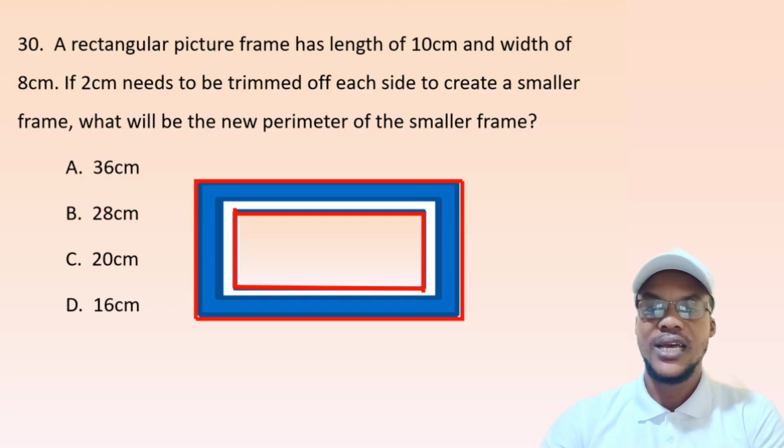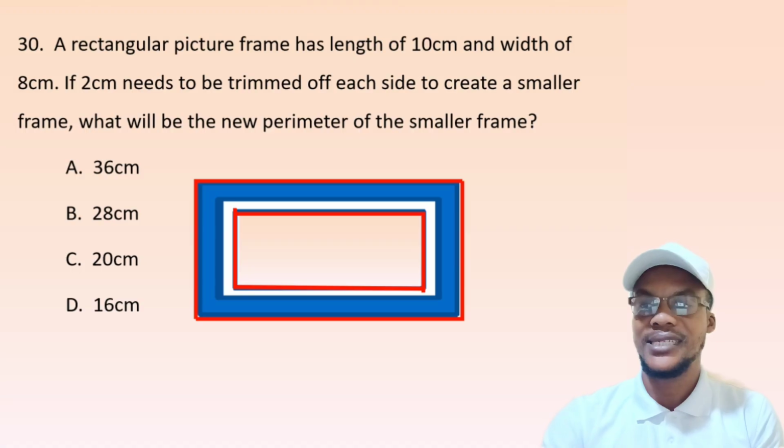Okay, so looking at the size, we are saying that 2 centimeters is to be trimmed off each side. So it means that if you look at the edge, we are going to cut 2 centimeters off each of the sides to make the frame smaller.